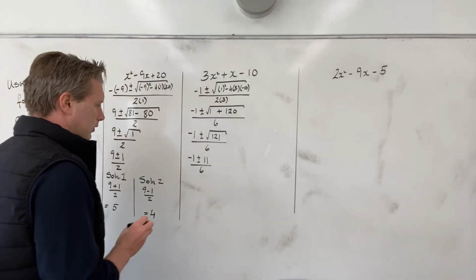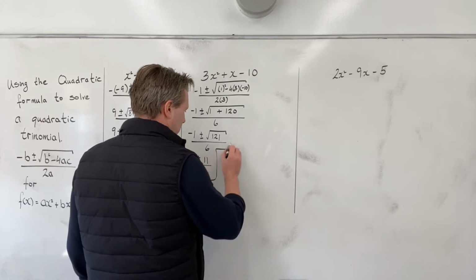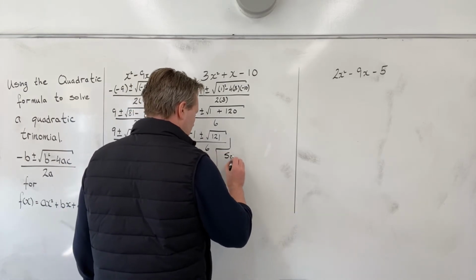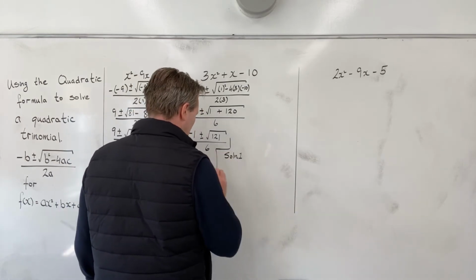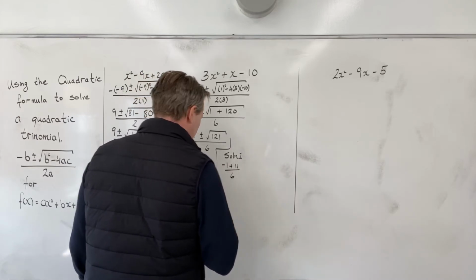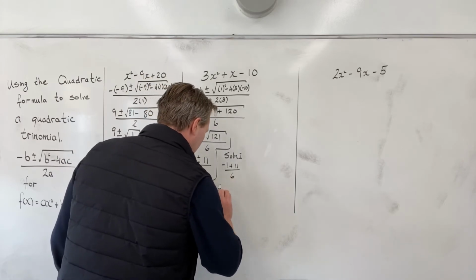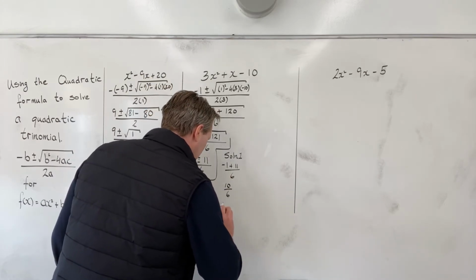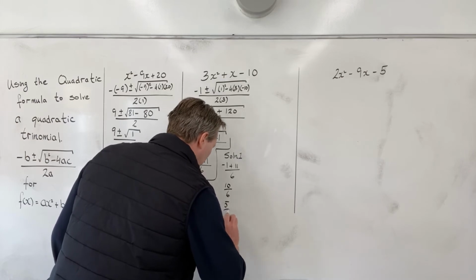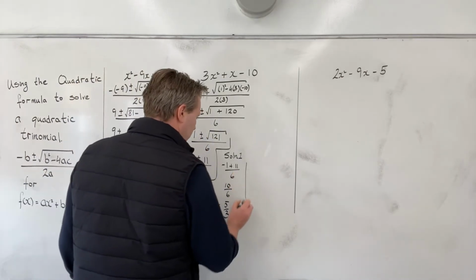And so I have two solutions again. Solution 1 is minus 1 plus 11 over 6. Minus 1 plus 11 is 10 over 6, which simplifies to 5 over 3. That's my first solution.